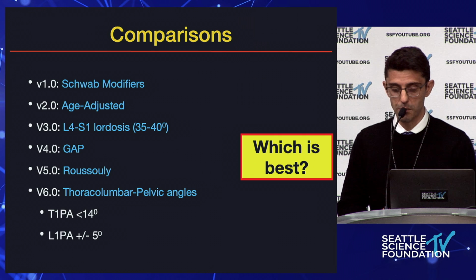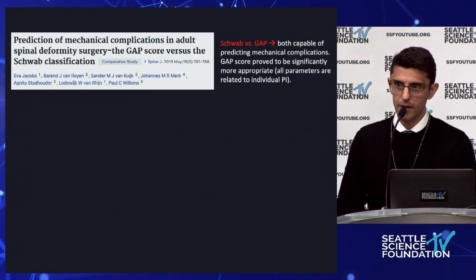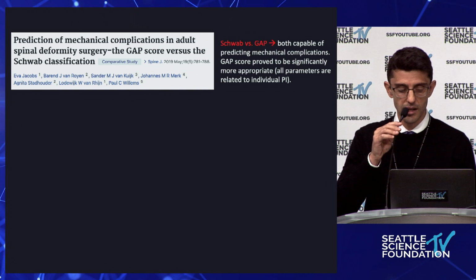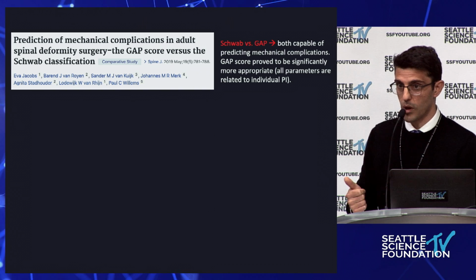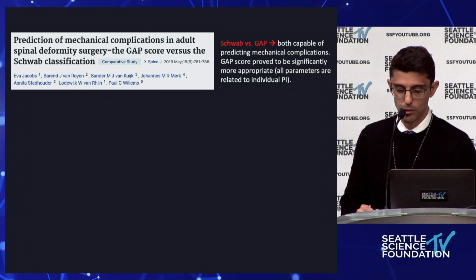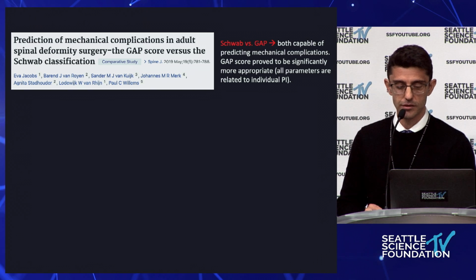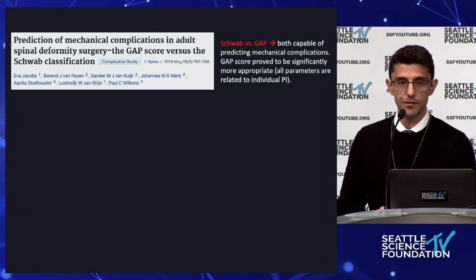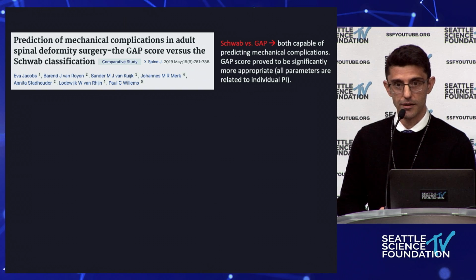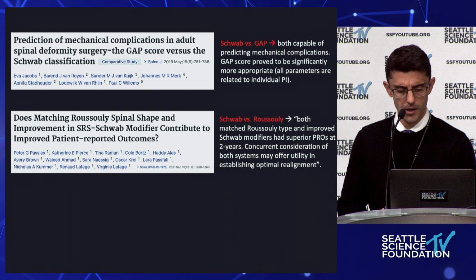one is truly best? And we have several studies that have done head-to-head comparisons. This one in 2019 in the Spine Journal compared the Schwab modifiers to the GAP score, and they found that both were capable of predicting mechanical complications. The GAP score proved to be significantly more appropriate because all the parameters were related to the individual pelvic incidences.